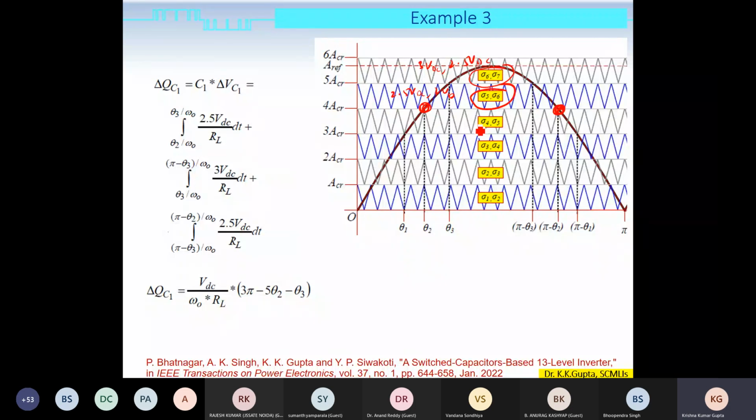So this is the worst case scenario between this angle theta 2 to this angle pi minus theta 2. During this whole time, all the capacitors C1, C2 and C3 are in discharging states. This discharging will cause ripples to appear in the capacitors, right?